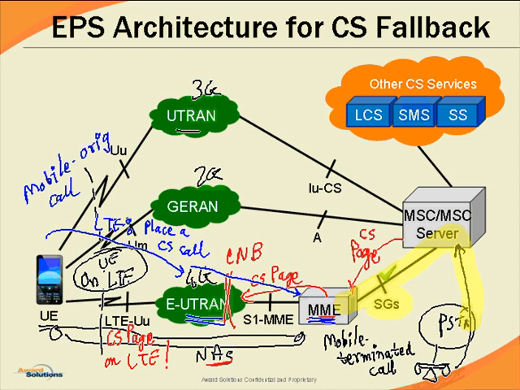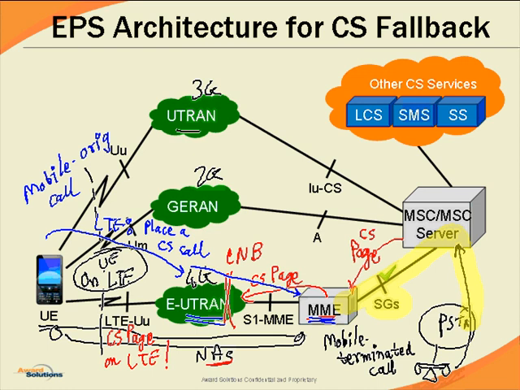So that is the idea, that the UE is on LTE technology, and then either mobile originated or mobile terminated. Either way, we have communication between the UE and the LTE technology so that we know that the UE is going away to legacy technology, so that we do not send any packets, because this is a single radio UE.